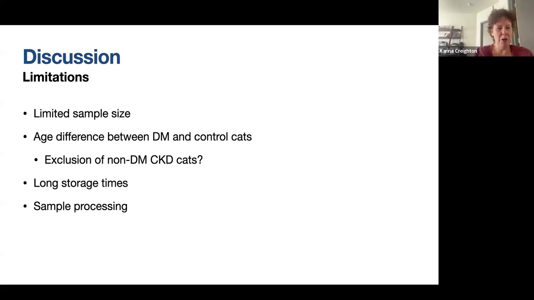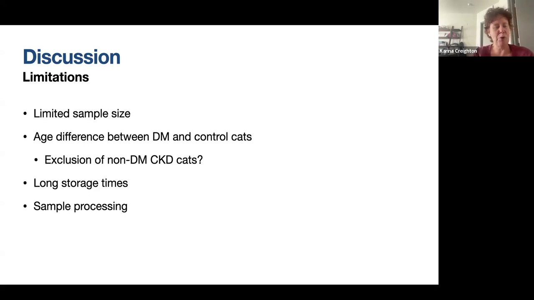They did talk about the very long storage times, and again, as a non-pathologist, I don't really have too much to comment on as far as the effect that may have had on some of the outcomes of this study.